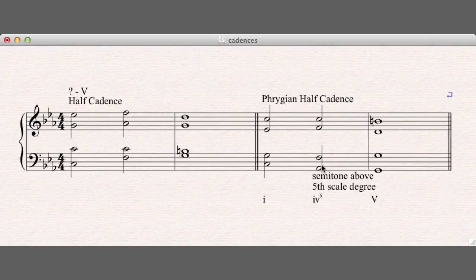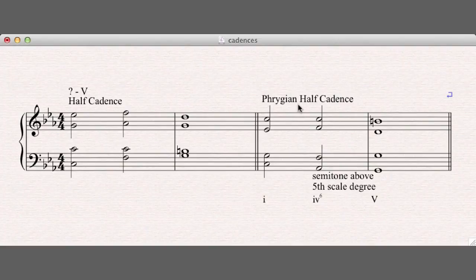Well, what we notice is that this is the 6th scale degree. So here's the 1st scale degree. We go down to the B flat, that's the 7th. Here's the 6th scale degree. And this 6th scale degree in minor is a semitone away from this 5th scale degree. And when we get this lowered 6th scale degree going to the 5th scale degree at a cadence, we call that a Phrygian half cadence.